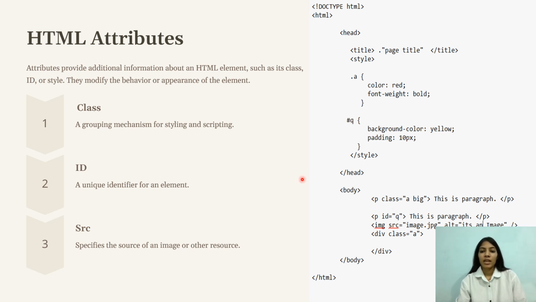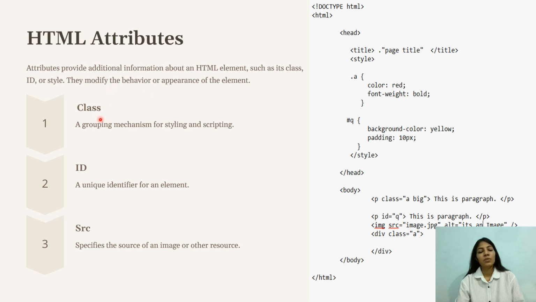Then ID, the same way we can give it to any element, and the source attribute to link some file, like a JPG image or video. We write that link in the source attribute.